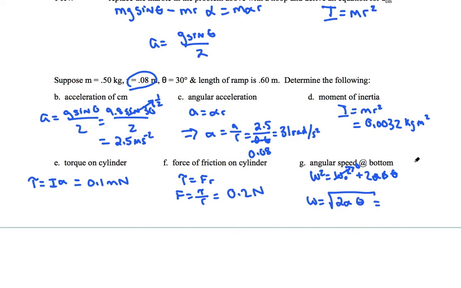I can make the substitution that my delta x, the length of the ramp, is equal to theta r. So theta equals delta x over r. So this is radical 2 alpha delta x over r. And if I plug in those numbers, you should end up getting a speed of 22 rad per second.